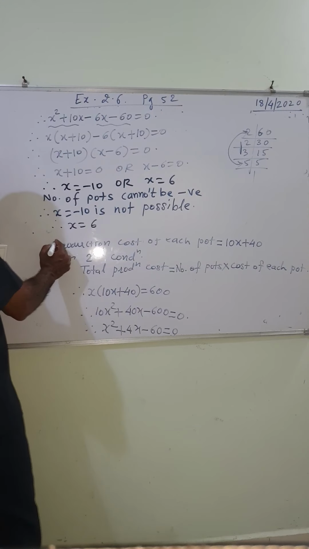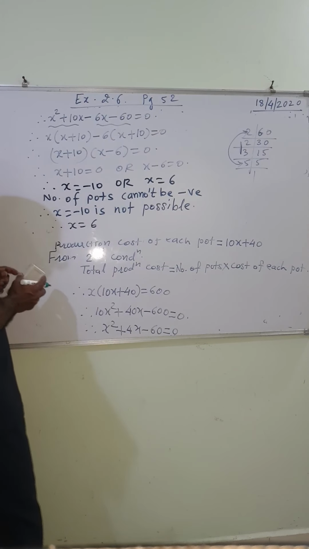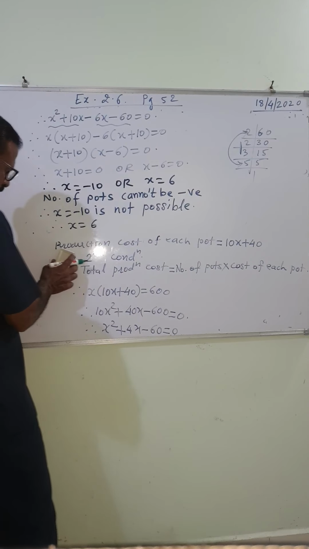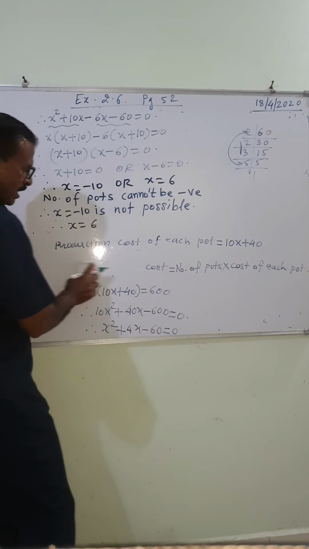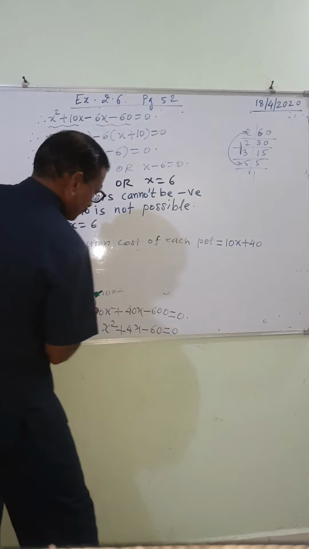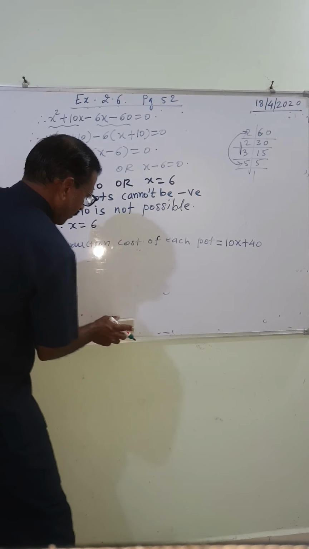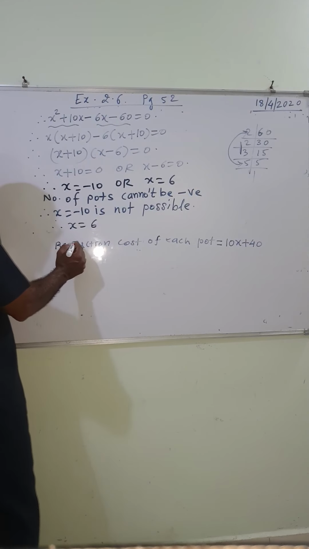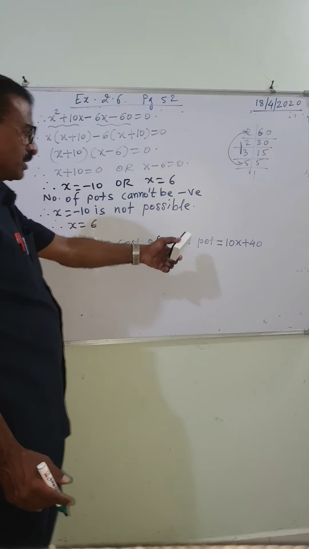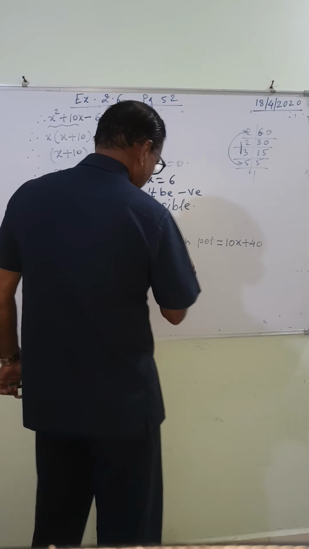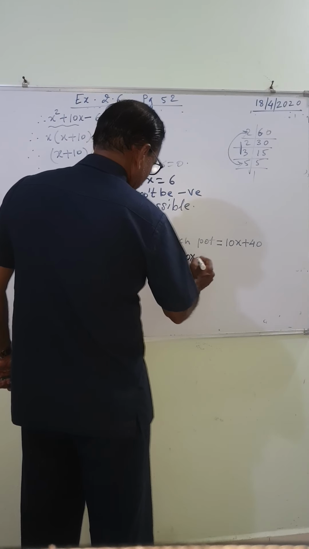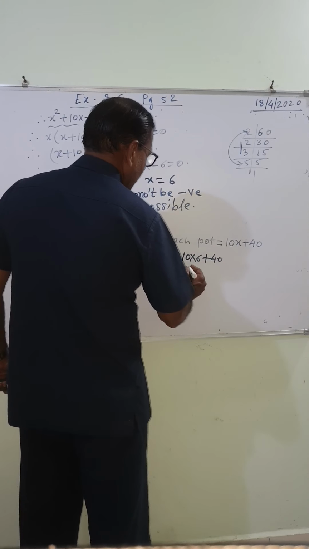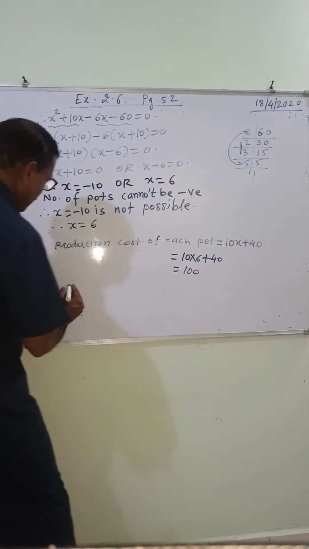The production cost of each pot, that statement is already here. I will use that. Production cost of each pot is equal to 10x plus 40. That is equal to 10 into 6 plus 40. That is equal to 60 plus 40, 100. Answer I have to write.